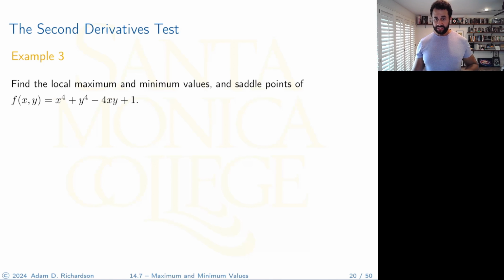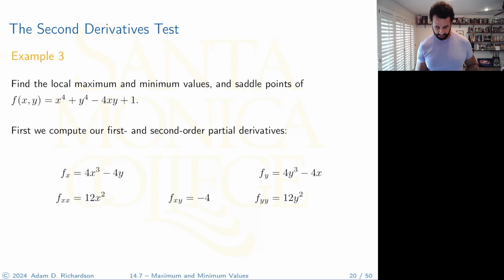Okay, so we are looking for all the local mins and maxes and saddle points. We're going to need to compute some partial derivatives, compute the Hessian, compute the determinant of the Hessian, and then evaluate a bunch of stuff. So let's do the partials first. Partial with respect to x is here.